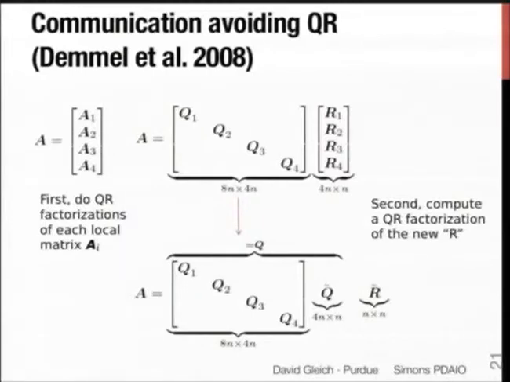If I do A2, I get Q2 and R2, Q3 and R3. So I can do one iteration of this and get something that is not quite a QR factorization yet, but this matrix A was originally 8n by n. Now it's down to 4n by n. So I've reduced its size by a factor of roughly 2 in this case.